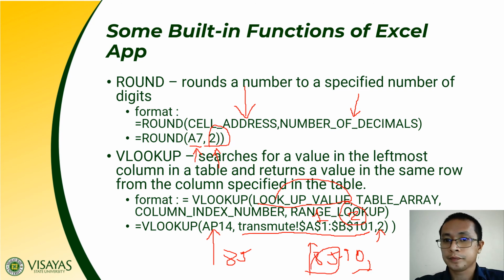So we change the value. That's the work of your VLOOKUP function. So more than two options can be used in your VLOOKUP function as compared to your IF function, which can only take two possible outcomes.